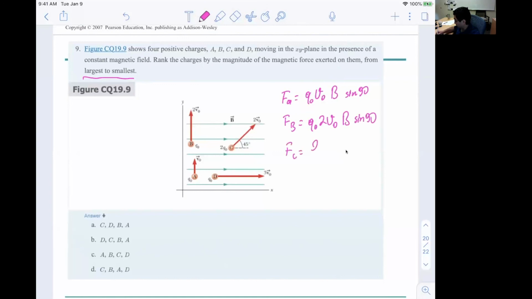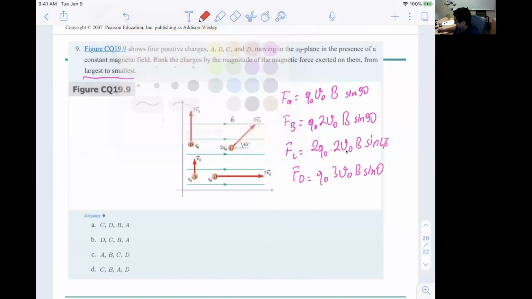FC, you have 2Q and 2 velocity, and B, and now the angle is sine 45. And FD is Q naught, 3V naught, B, but the angle is 0, sine 0. So the force is going to be 0 on D. Okay, then FD is smallest. Let's find the sine: this is 1 over square root of 2.